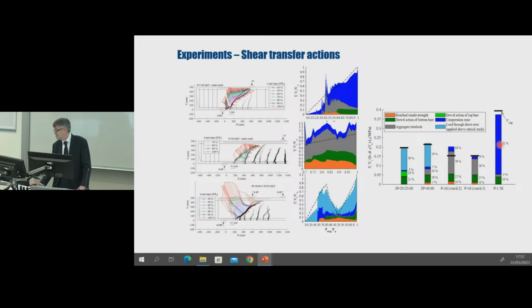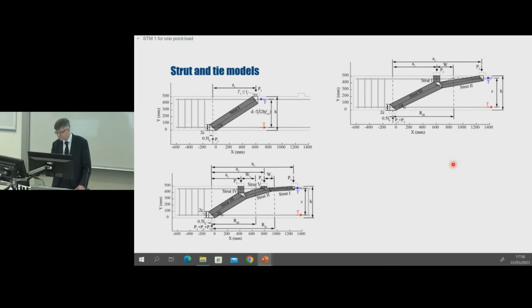And we see that the behavior of the beam just loaded at 1.5D, which resisted by far the greater load, is quite different. So here the majority of the shear force is resisted by the uncracked flexural compression zone. Conversely, the beam just loaded at 3D resisted the majority of shear through aggregate interlock, as shown here.